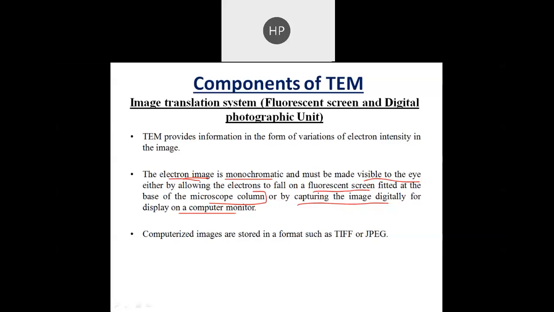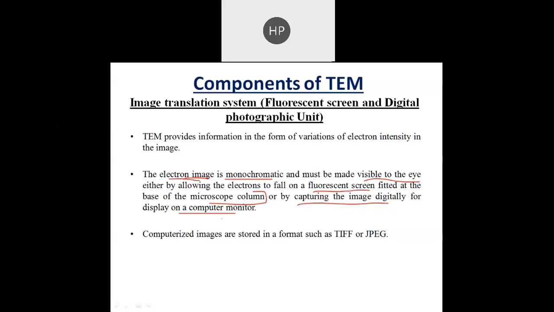So these are the two probable options through which the electron image will be converted into an image visible to the eye. First is the fluorescent screen, and second is digital CCD cameras.